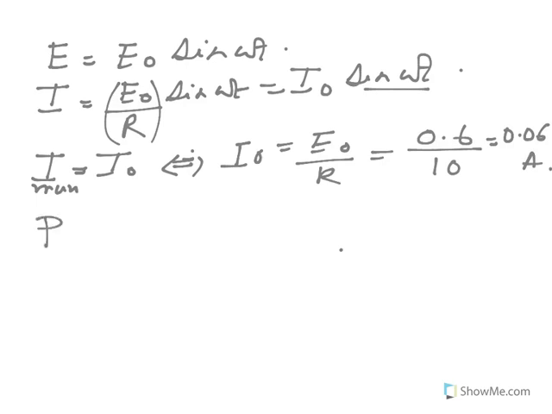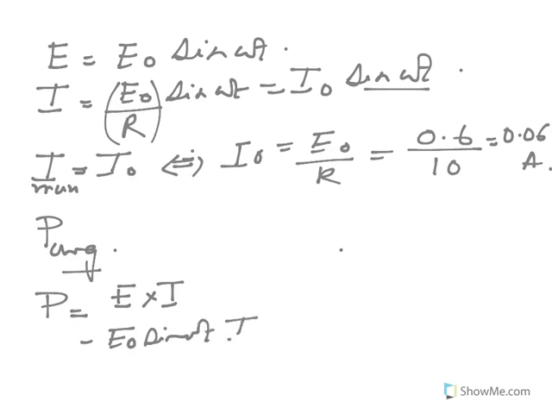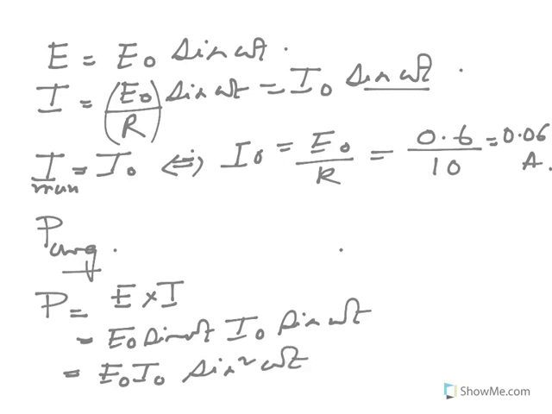Now we need to know the average power. So before that we find out what is power. Power is also written as E into I, that is E0 sine omega t into I0 sine omega t, which can also be written as E0 I0 sine square omega t.